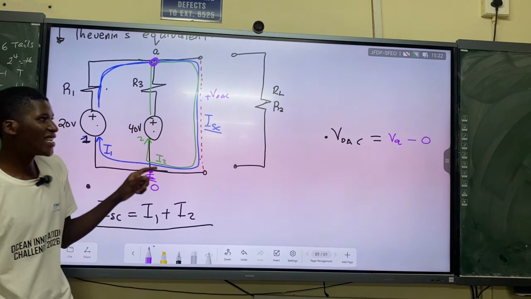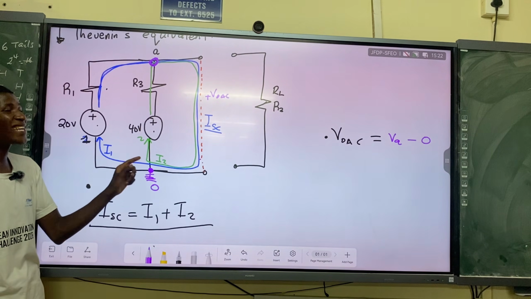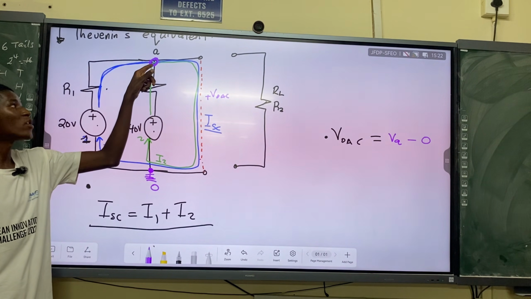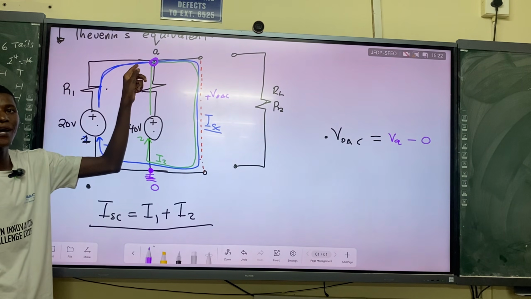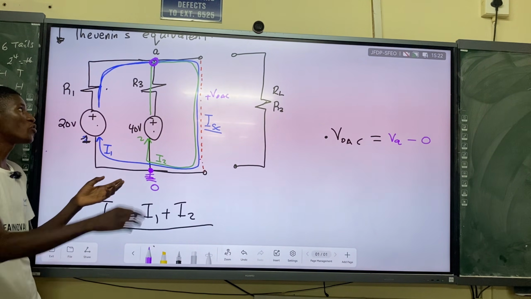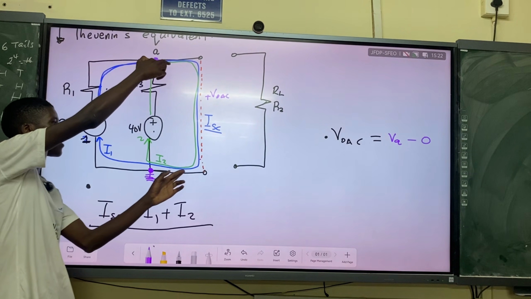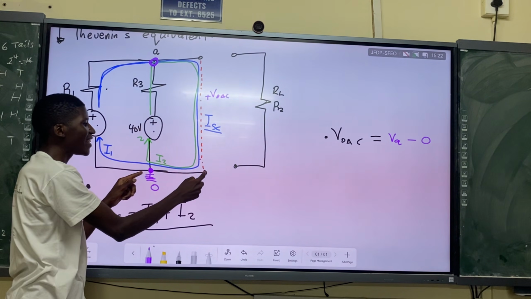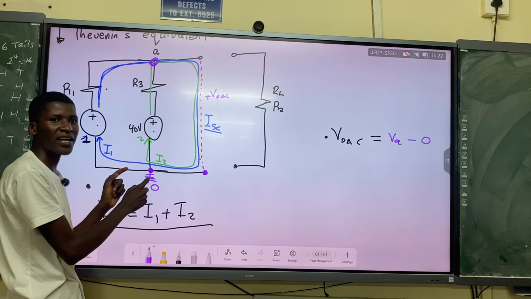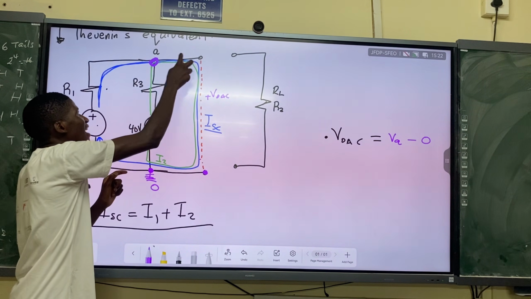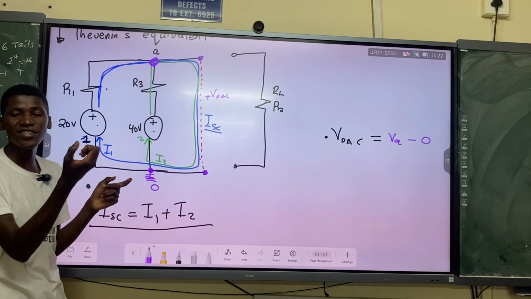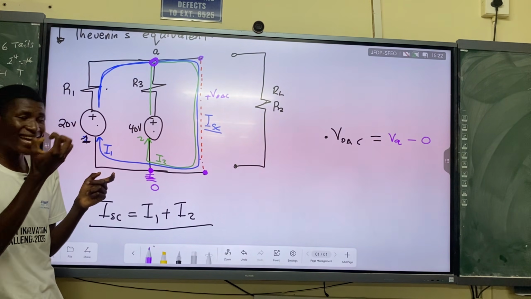So when you do a potential difference, you already know that your open circuit voltage is going to be the potential at A, because the voltage is the potential difference between these two terminals. The potential here and the potential here is the same. The potential here and the potential here is also the same, because there is no resistor doing any voltage sucking.